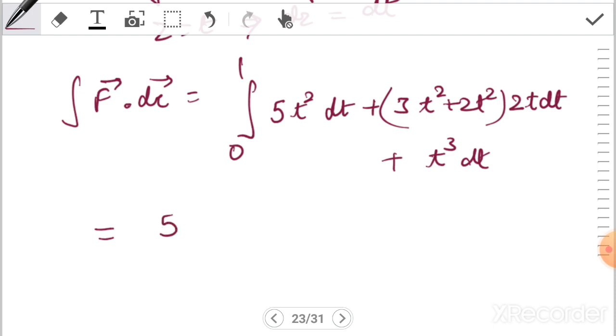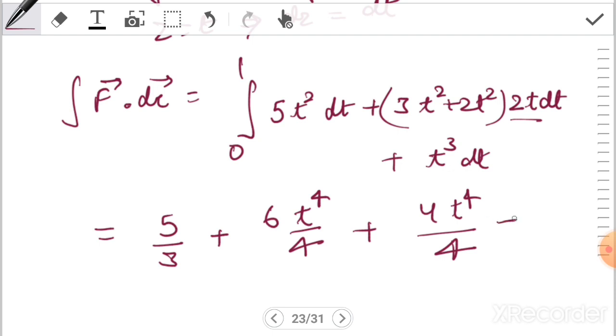Okay, so now this is 5 t raised to the power 3 by 3 from 0 to 1, so 5 by 3 plus this is 3 t raised to the power 3 by 3, and this is 2t also here, so 6t cube by 3, 6t 4 by 4, plus 4t 4 by 4, plus t raised to the power 4 by 4.